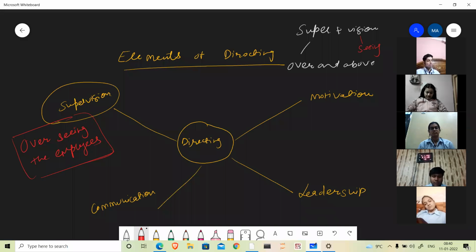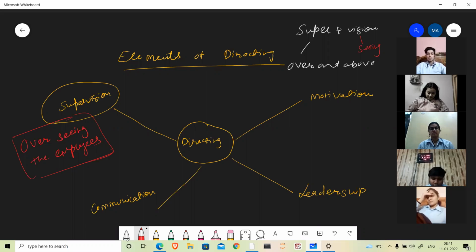Again, I am telling you, while the workers are performing the task, the supervisor oversees them to check whether they are doing the task as per the requirement, whether they are doing the work as per plans, and he also helps them in solving their work related problems. Not only the work related problems, sometimes the supervisor creates a personal relation with the employees. Sometimes they are not in a good mental state, they may be facing some personal problems.